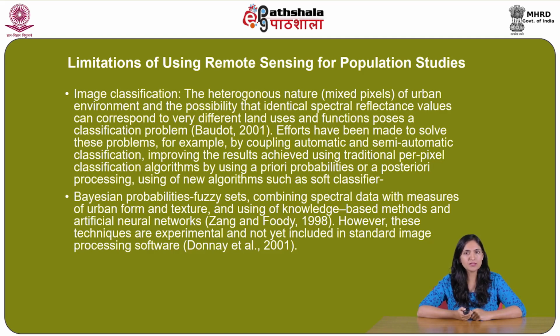Efforts have been made to solve these problems, for example, by coupling automatic and semi-automatic classification, improving the results achieved using traditional per pixel classification algorithms by using a priori probabilities or a posteriori processing, using new algorithms such as soft classifiers, Bayesian probabilities, fuzzy sets, combining spectral data with measures of urban form and texture, and using knowledge-based methods and artificial neural networks. However, these techniques are experimental and not yet included in standard image processing software.